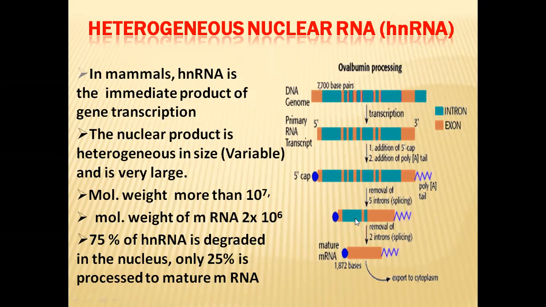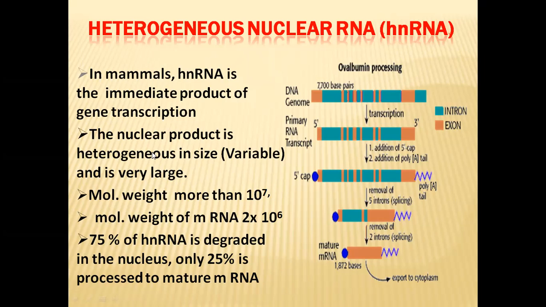Finally, all introns will be removed and we will get mRNA. So hnRNA will be present only in the nucleus. After the hnRNA undergoes the RNA splicing process, it will be converted into mRNA, and this mRNA will be sent into the cytoplasm for translation to occur.